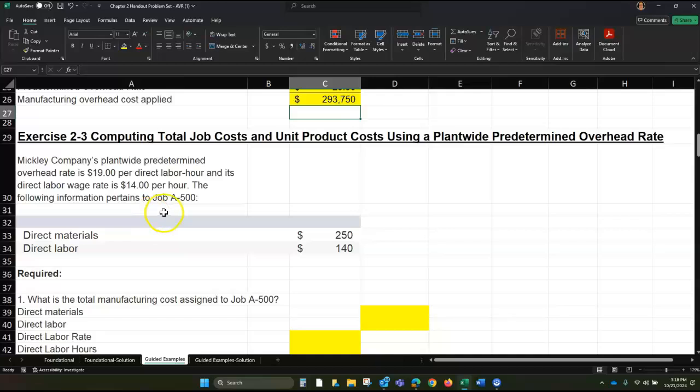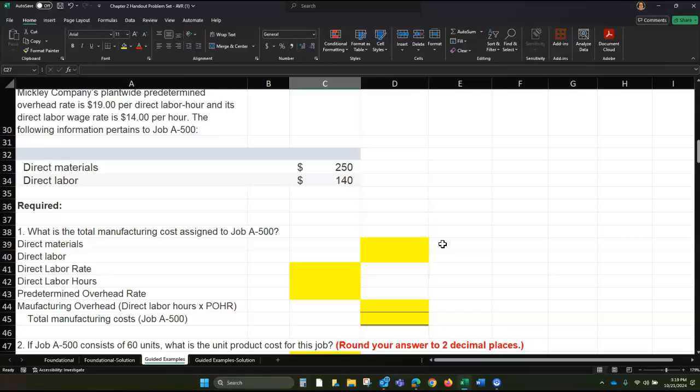The following information pertains to job A500: $250 in direct materials and $140 in direct labor. They're asking, what is the total manufacturing cost assigned to job A500?